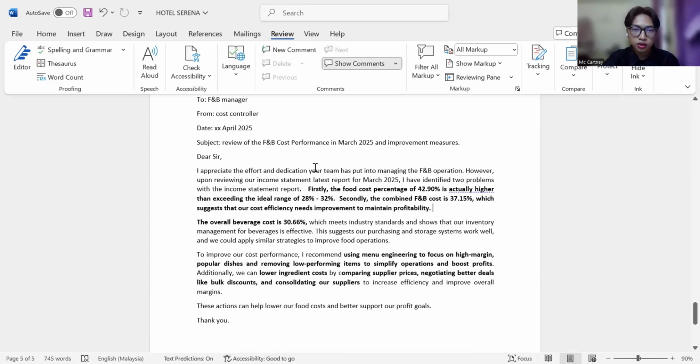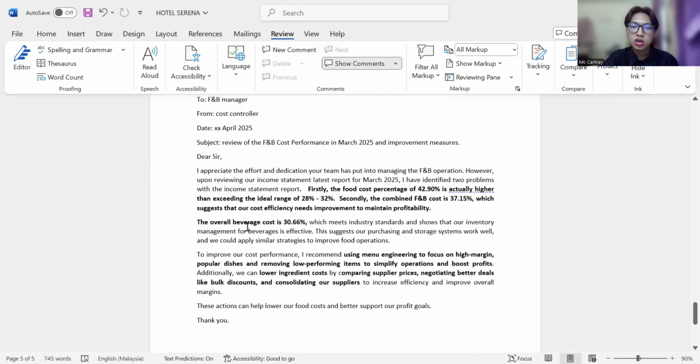These are the two problems that I identified: the food cost is exceeding the ideal range, and the combined F&B cost is higher too, which suggests that our cost efficiency needs to improve to maintain profitability.